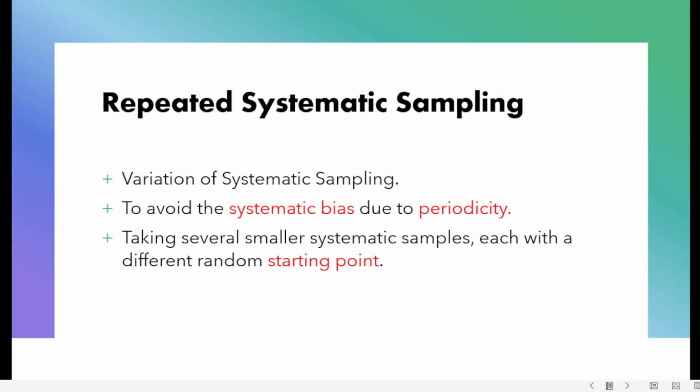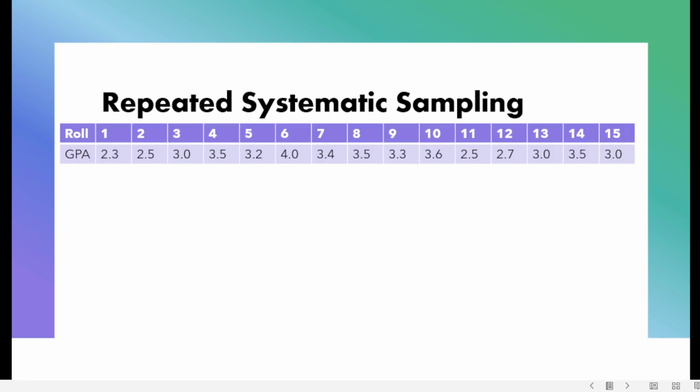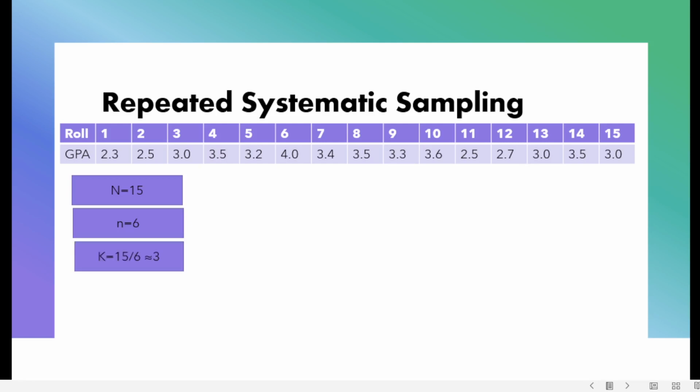In this case, we will take multiple samples by using different starting points. For example, this is our population of size 15. Let's say our sample size is 6. So in this case we will take 3 samples, every one of size 2.